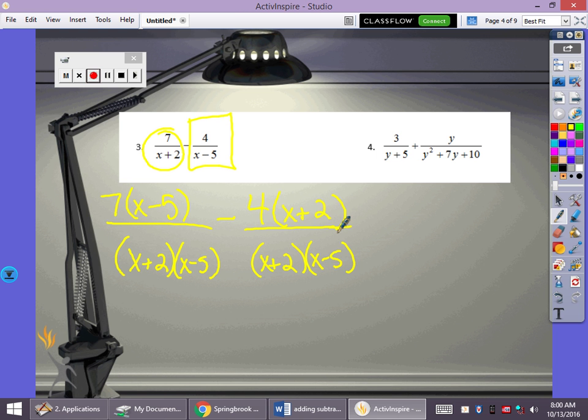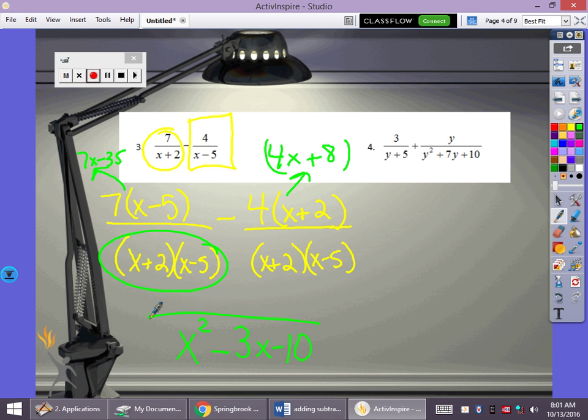All right, doing the math, this one here becomes 7x minus 35, and this one becomes 4x plus 8. All right? And when I do this, I get x squared minus 5x plus 2x, so minus 3x minus 10.